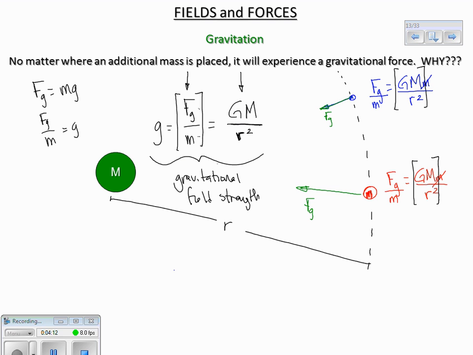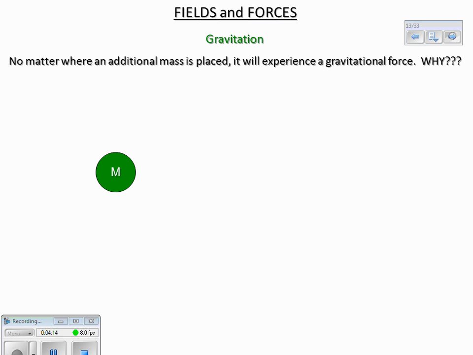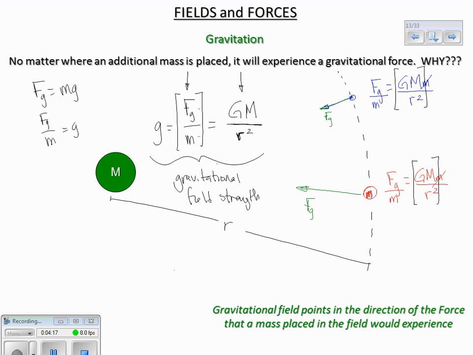Now, if we take this analogy to electrostatics, here's the deal. Gravitational field is a vector. Real important. The tricky thing is it's not a force. What we say is that at this location right here, and I'll just call this location X, there exists a gravitational field g that has a magnitude GM over r squared.